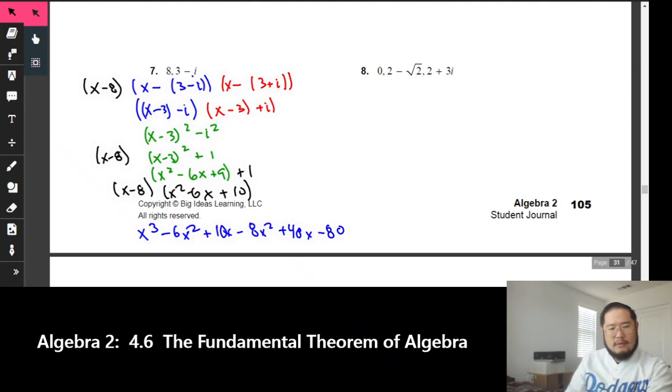In the end, we combine like terms, and we get x to the third minus 14x squared plus 58x minus 80, and that right there is your final answer.